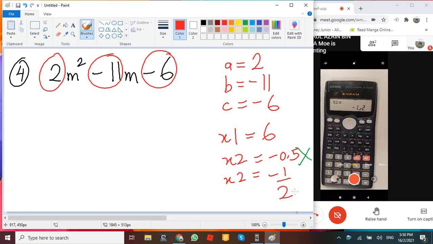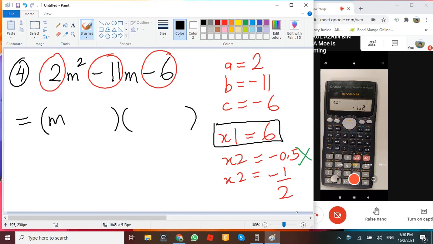Now, how you want to write the answer? Answer equal here 2 brackets. Okay, focus on first answer, x1. So do not write x, but we write m. This is positive 6, but we write negative 6 or minus 6. We change the sign.